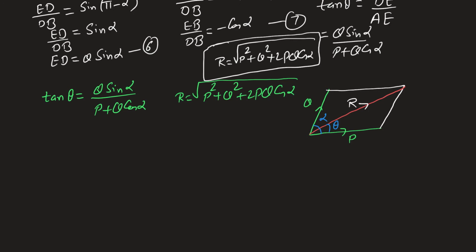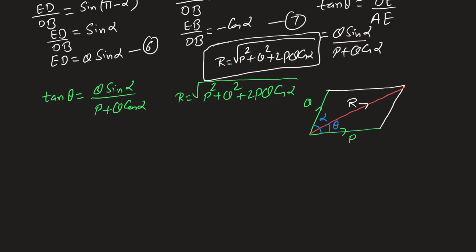So this will be the case when this resultant R is inclined with P. And in the opposite case, instead of it inclining with P, it is inclined with Q, then what will be the formula for tan theta?